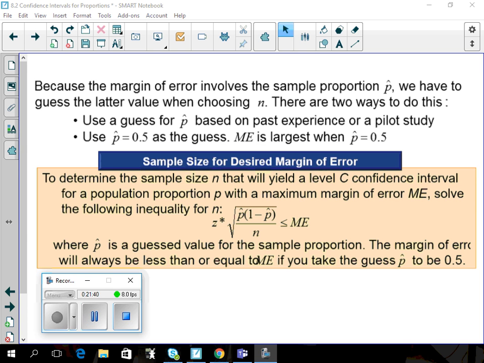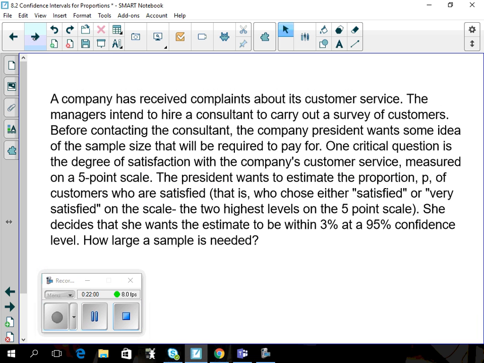The largest possible is 0.5 times 0.5. Kind of what you were saying, I think. All right? So that's why we can take a guess, if we weren't told what p hat was, we're going to use 0.5 as the worst case scenario, if I want to say it that way. Okay? So let's try an example.